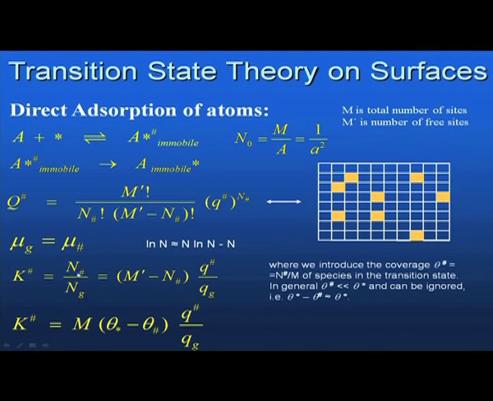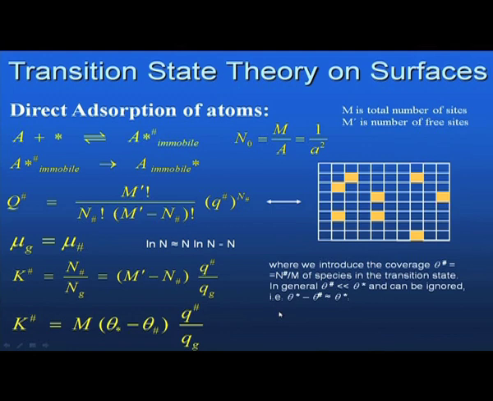So, N double dagger divided by Ng, after certain manipulation, you will get this expression. So, K double dagger, the equilibrium constant for this adsorption process, is equal to m, the total number of sites, times this.